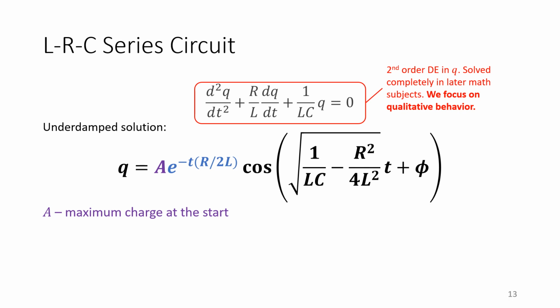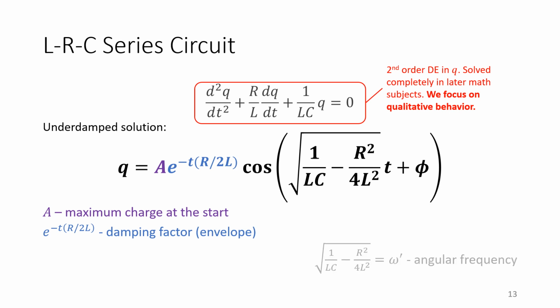And then the second term, the one that's pretty new to this problem, we call the damping factor or the decay factor, because this tells you that as time passes by, the amplitude of your oscillation will be smaller and smaller. We'll get to that later when we see the graph itself. And finally, we have a rather new term for the angular frequency, the one that's multiplied to time.